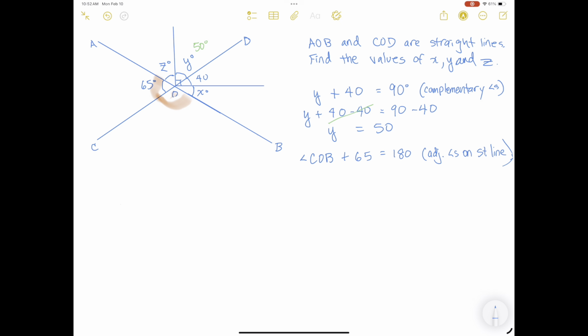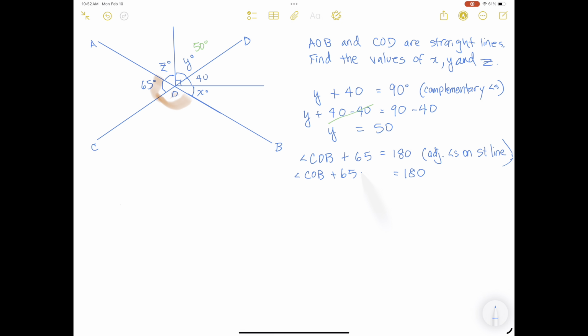So angle COB plus 65 equals 180. We subtract both sides of the equation with 65 in order to isolate angle COB.